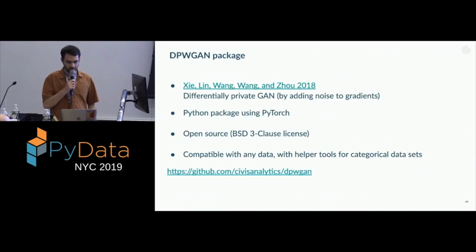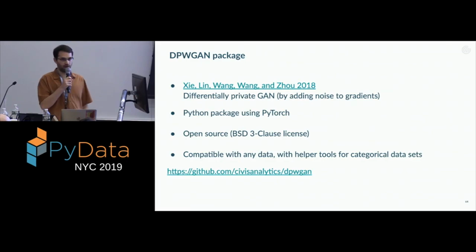So this overall approach was proven to work for generative adversarial networks by a paper last year. So adding noise to the gradients plus a couple of restrictions on what the architecture looked like is enough to make generative adversarial networks differentially private.